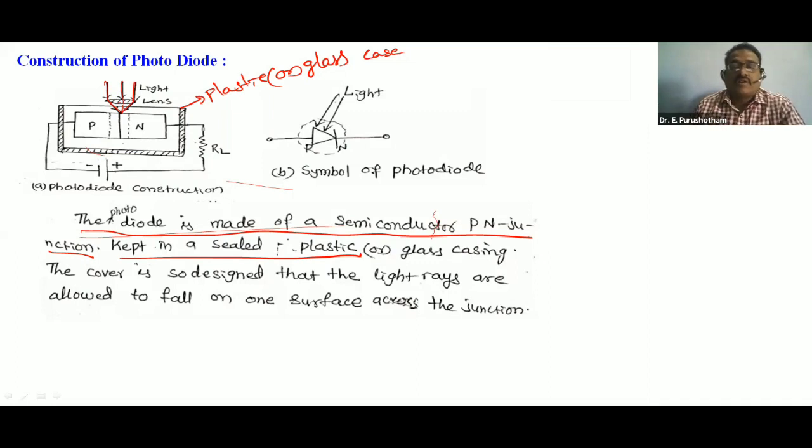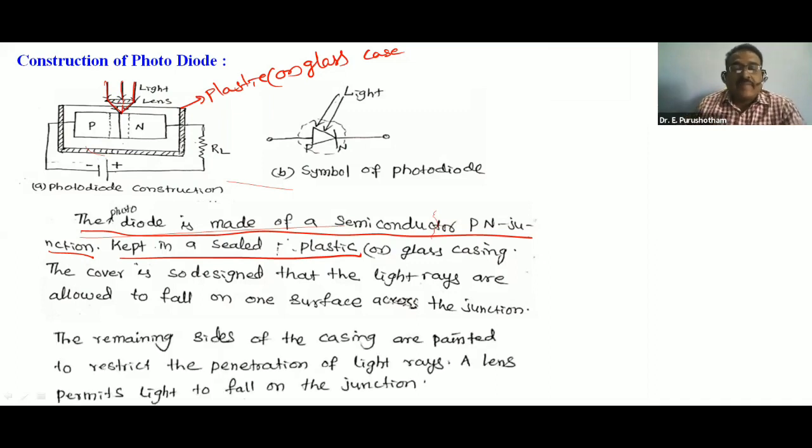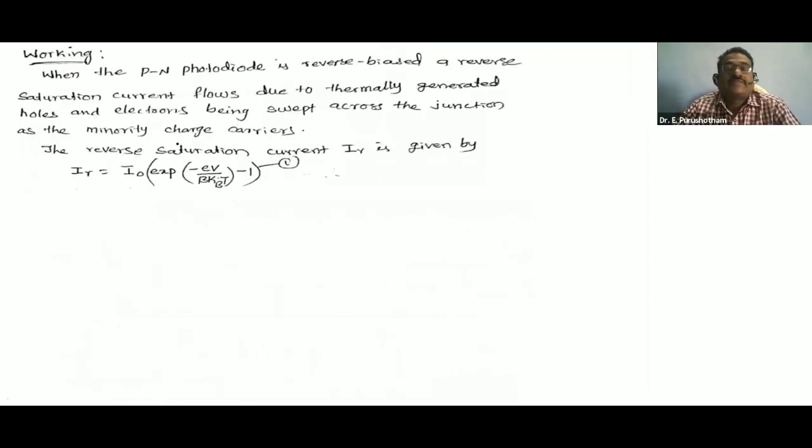The remaining sides, left, bottom and right, are painted to restrict the penetration of light rays. A lens permits light to fall on the junction. This is the construction.